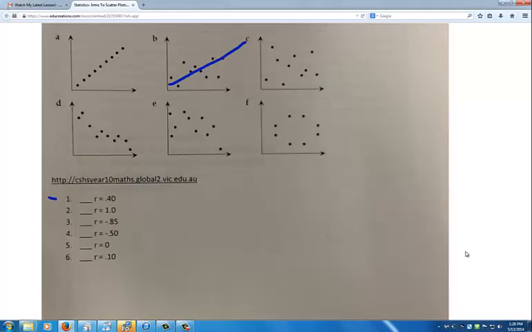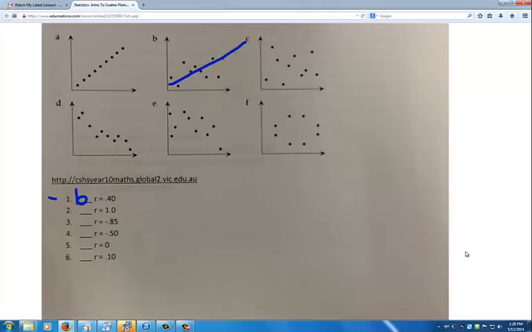We draw a line of best fit through graph B. We can see that we have some data points which are dispersed about that line of best fit, but they're not clustered tightly about it. B is our best choice for number 1.